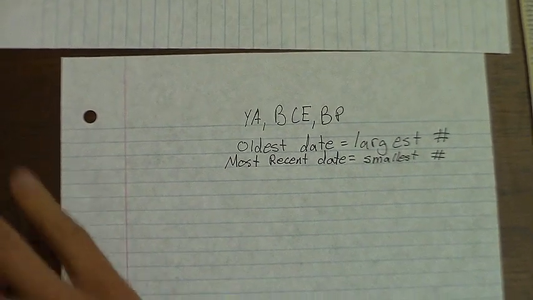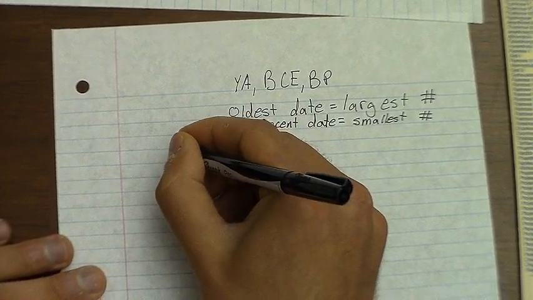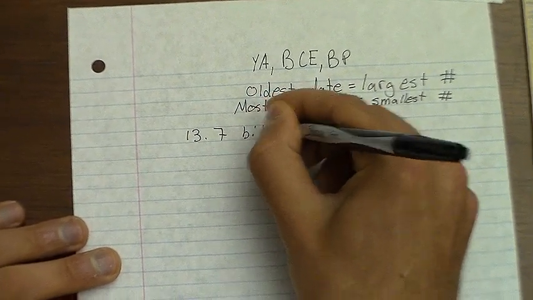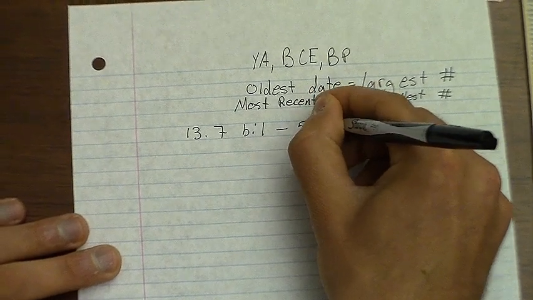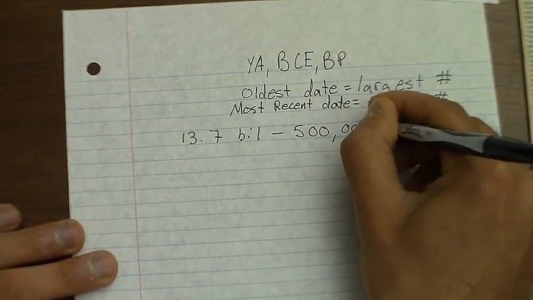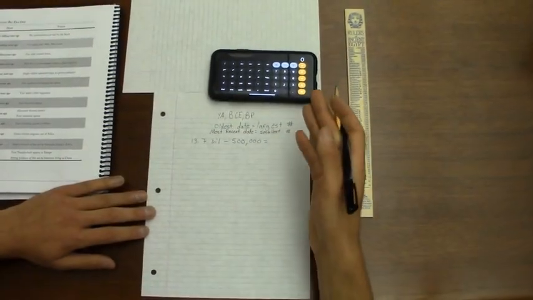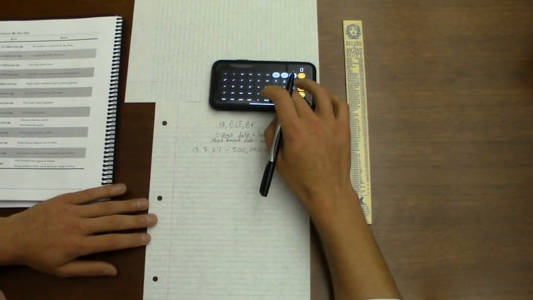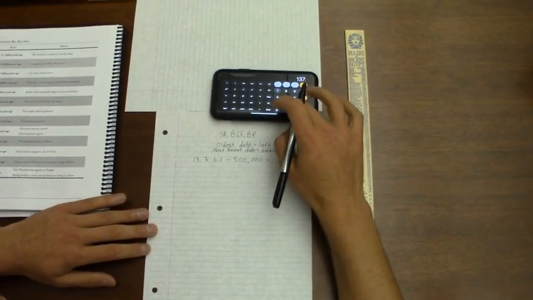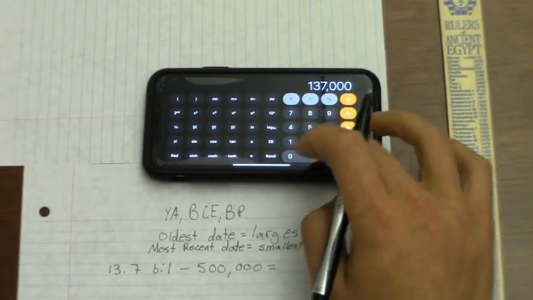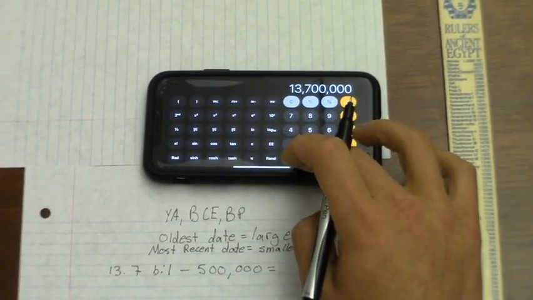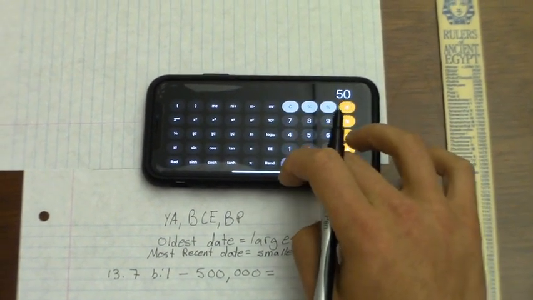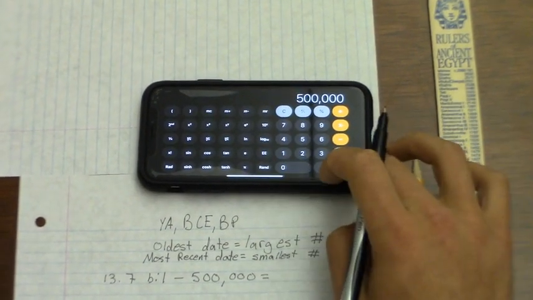For our current timeline, that means we subtract 500,000 from 13.7 billion years ago. As mentioned on Haiku, you will also need a calculator. At this point, we are going to enter in 13.7 billion years, and we are going to subtract 500,000 years.